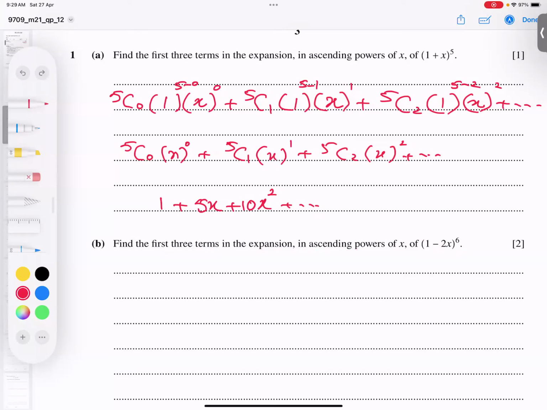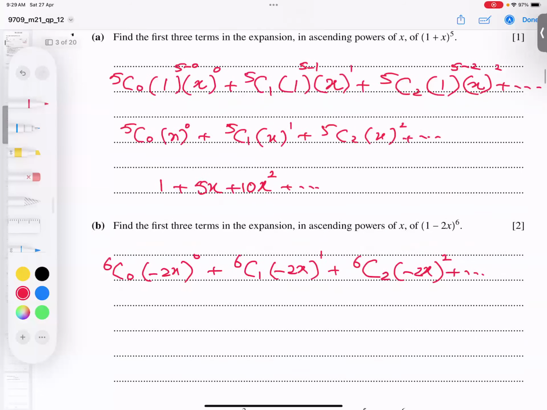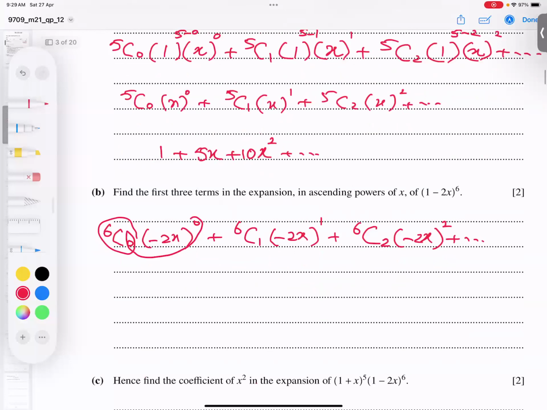Now you see, I have seen here 1, so I will save my time. 6C0 negative 2x to power 0, 6C1 negative 2x to power 1, 6C2 negative 2x to power 2, and so on. This is 1, 1 to any power is 1.